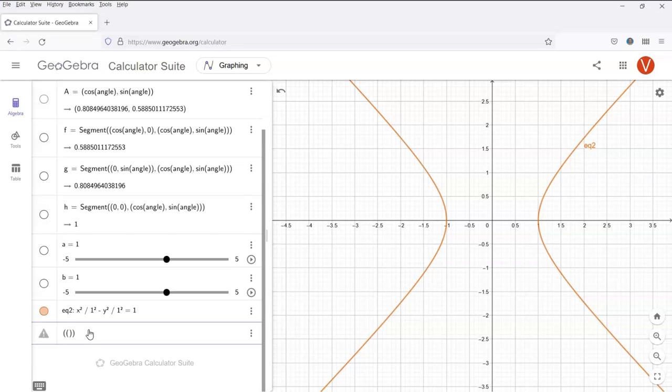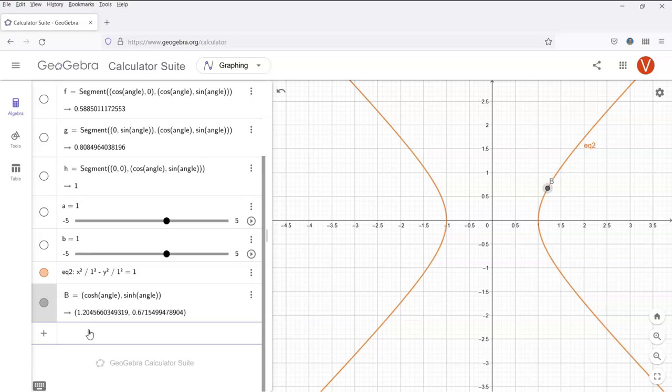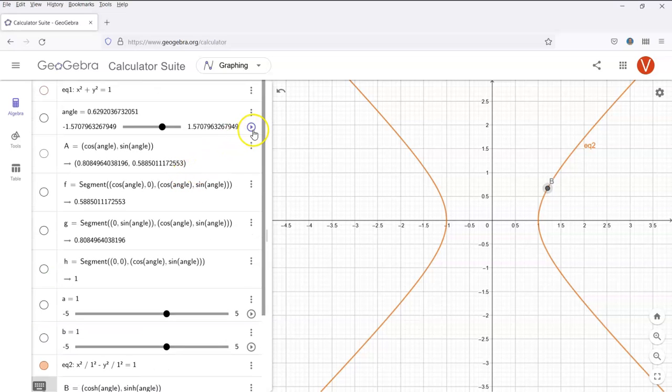Okay, now a point on this hyperbola would be hyperbolic cos of the angle comma hyperbolic sine of the angle. Again, if you play it, it will move from minus pi by 2 to pi by 2.